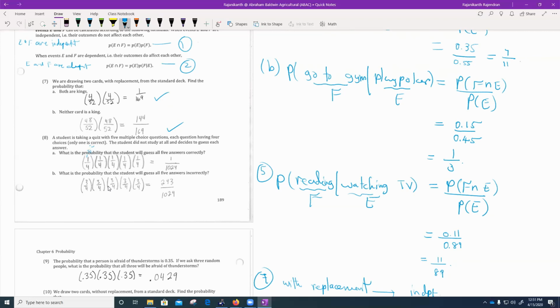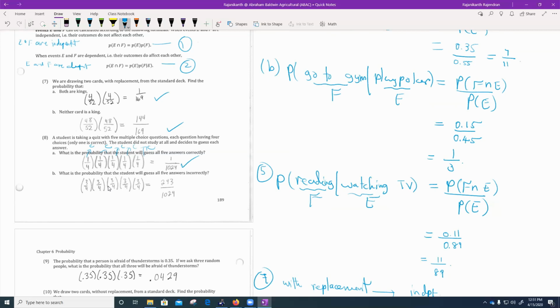So guessing correctly is 1 out of 4. For the second one, also the same thing. So guessing correct for all 5 is 1/4, 1/4, and so on. Therefore, you need to simply multiply all 5 correct probabilities to get all 5 correct there. That is why which is 1 over 1024. Okay.